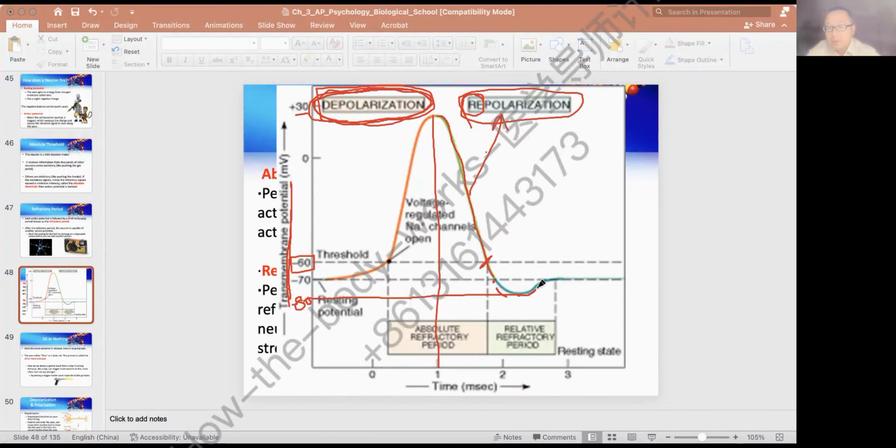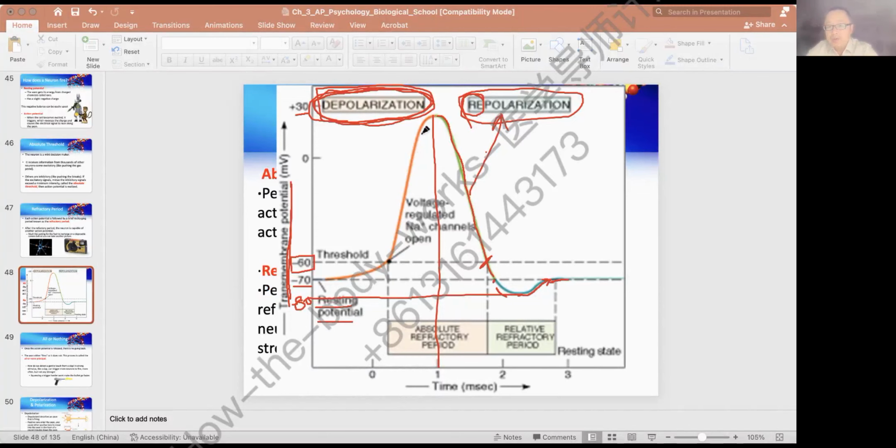It will go back to the resting potential, minus 70.